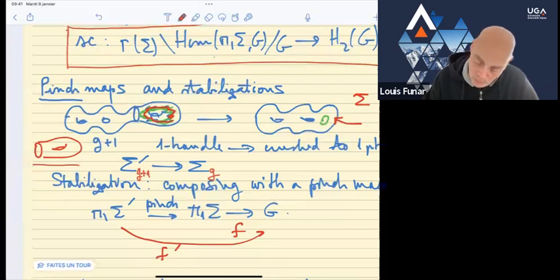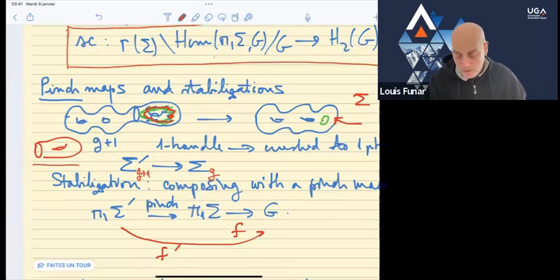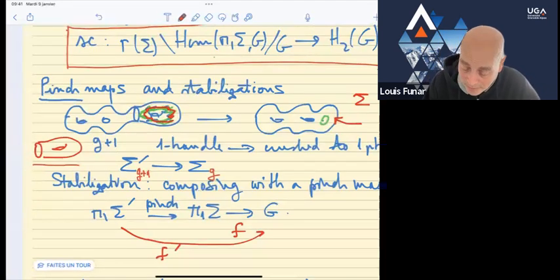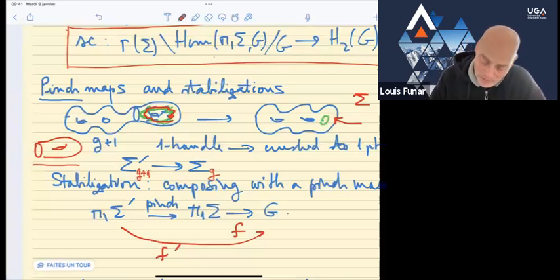Starting from a homomorphism from pi1 of sigma into G, or from a map from sigma into some space, for instance into the classifying space of G, and adding the map from pi1 of sigma prime of genus g+1 into sigma of genus g by this pinch, I call that a stabilization.